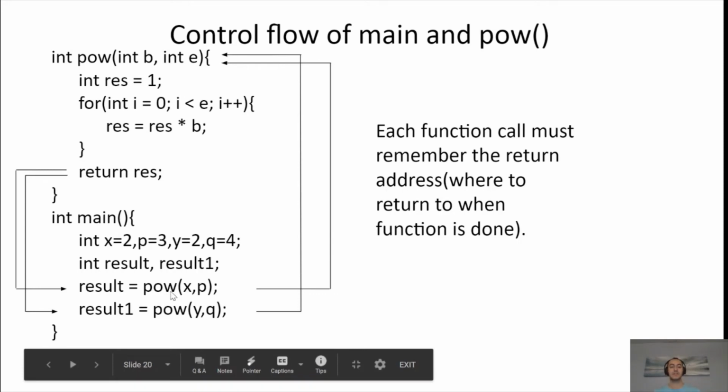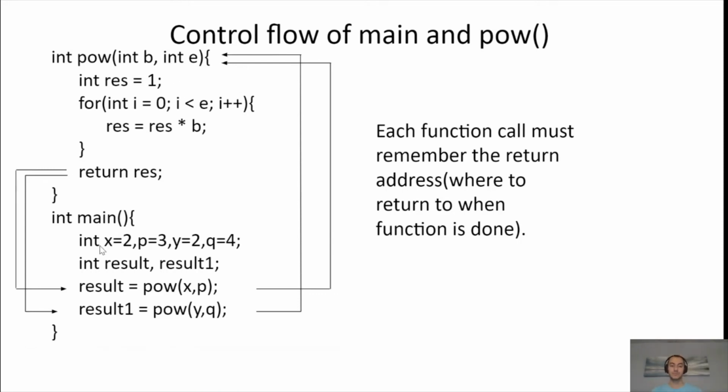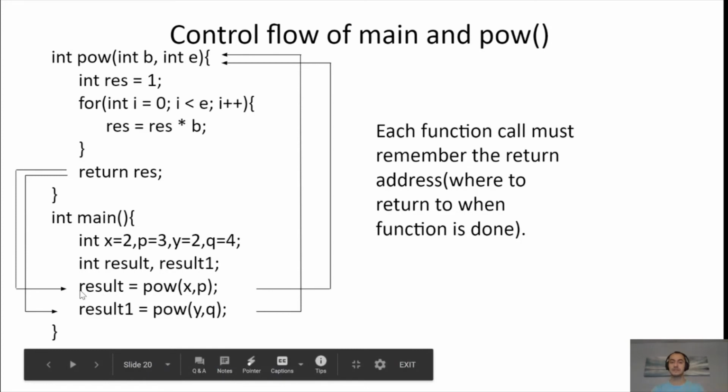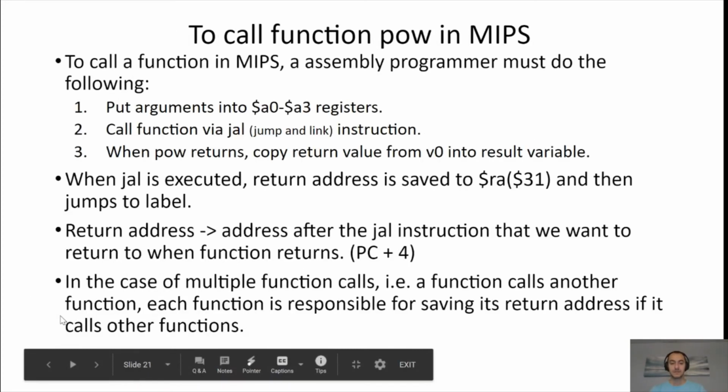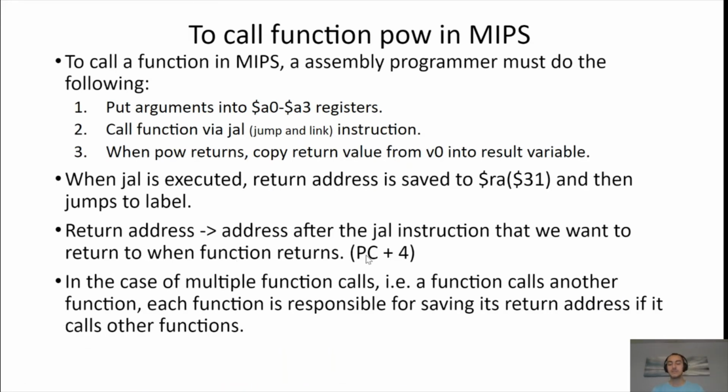When you are coming back, you don't want to go to the same line again because you already executed that. So it always should go to the next line. The return address is going to be basically the program counter, that is the current line of code. And you can see that on MIPS on the side, on the registers, you can see that number, plus 4.